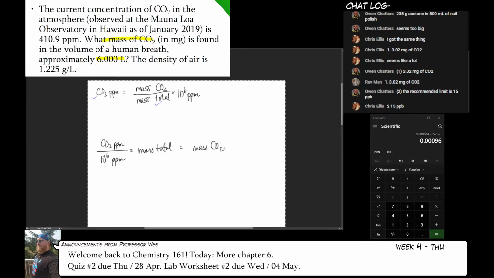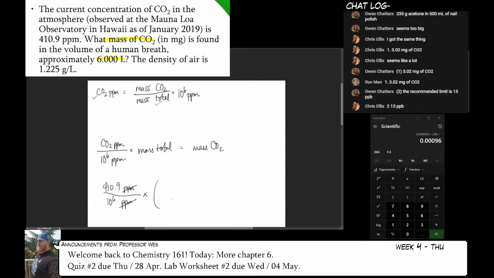All right, so there's my mass of CO2. So let's start filling in the numbers here. So I have 410.9 parts per million divided by 1,000,000 parts per million times whatever the mass total is.